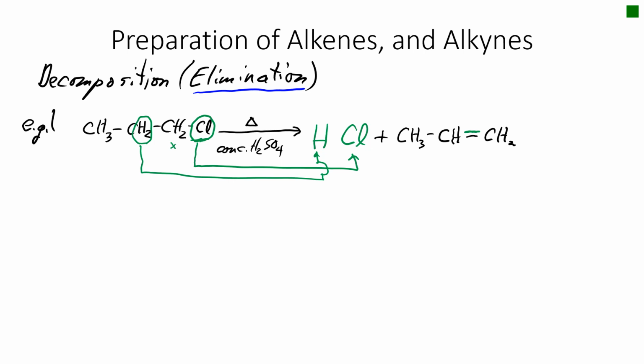So elimination creates a pi bond. And the name of this structure is, of course, propene. All right, so that's all, folks.